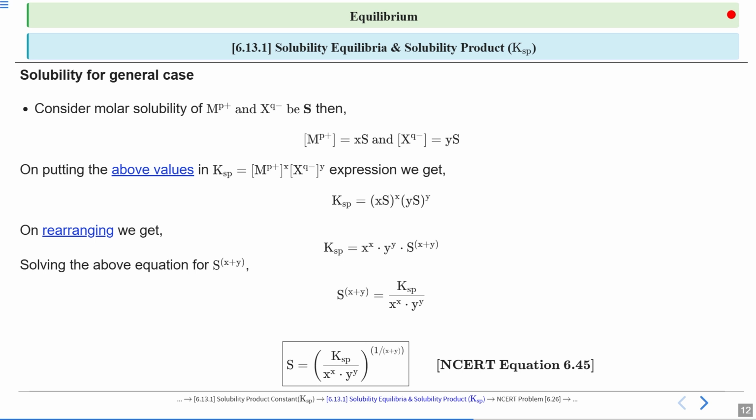Here we see that S is equal to Ksp by, in the denominator, x raised to the power x multiplied by y raised to the power y, and this whole thing has a power of 1 divided by x plus y. So in the denominator we have x plus y, in the numerator we have 1. So this is the overall power. Now this is the most important equation from where we have the maximum chance of getting questions. Now we will apply this formula onto a complex salt. Try to remember this or note it down.